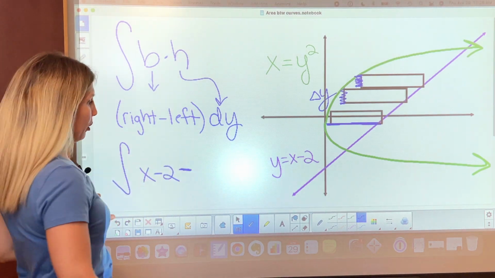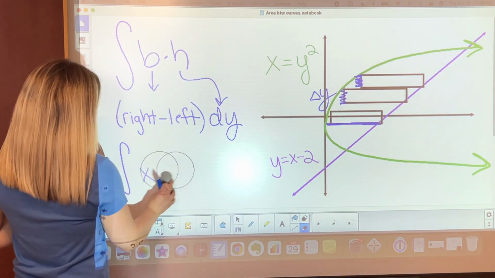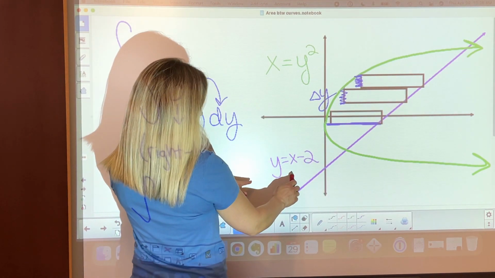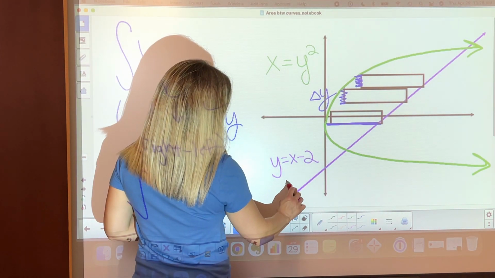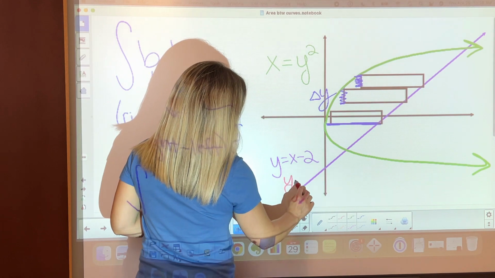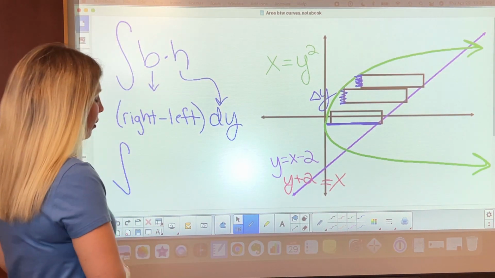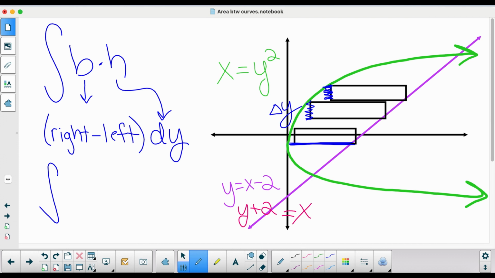So I'm going to go back and change this. First thing I'm going to do is rewrite this equation, and this is going to be y plus 2 equals x. And when we come over here, our function on the right is going to be y plus 2 minus y squared. That's right minus left function.